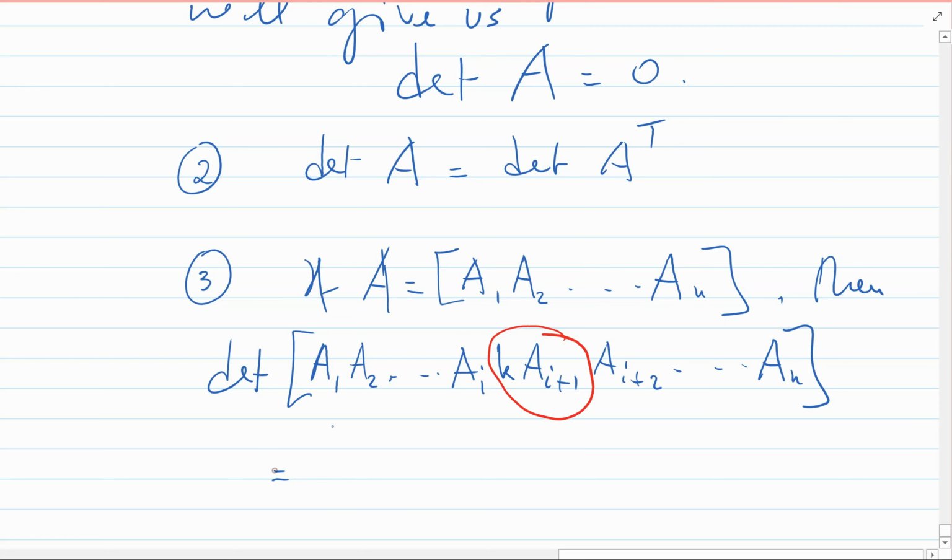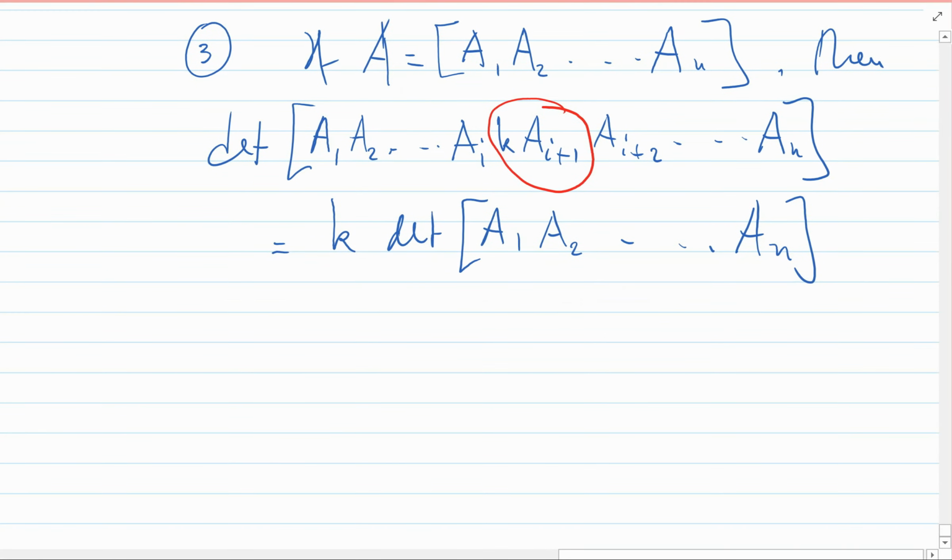Then the answer is k times the determinant of the original matrix. So if you multiply one column, or one row, by the way, because the determinant is the same whether you go by rows or by columns, by a number, that number comes out.